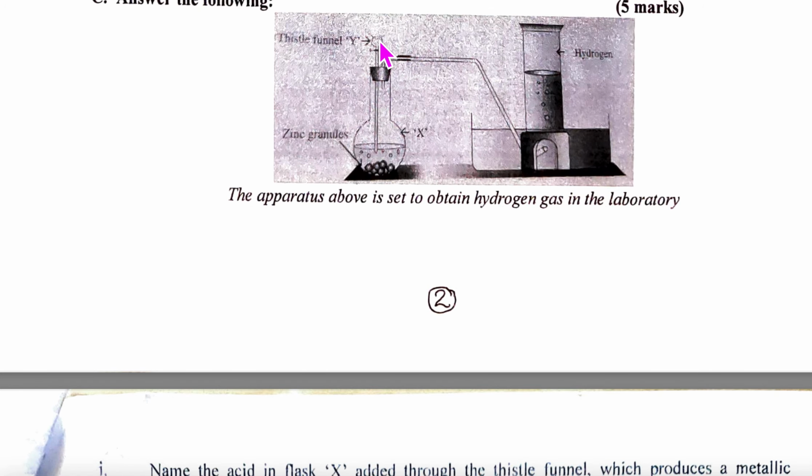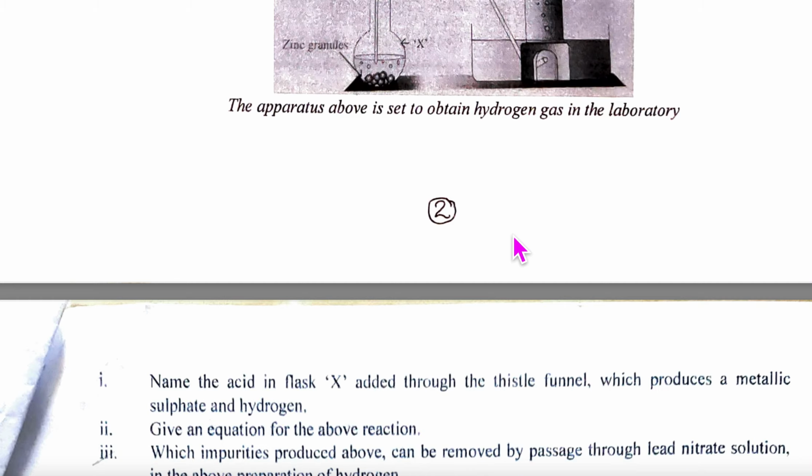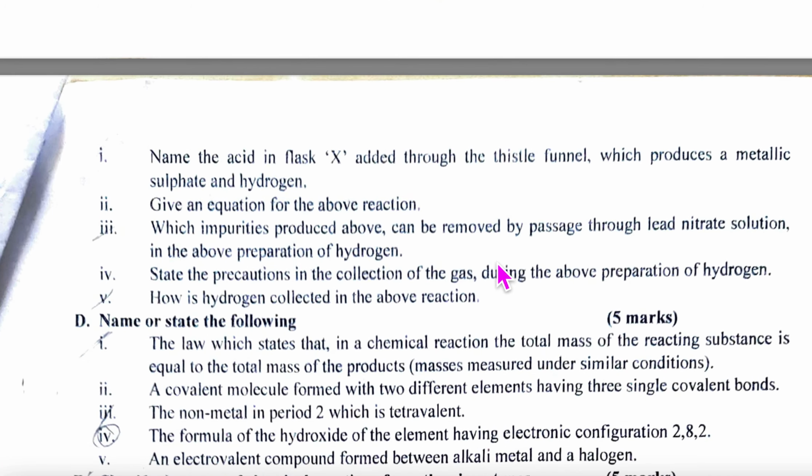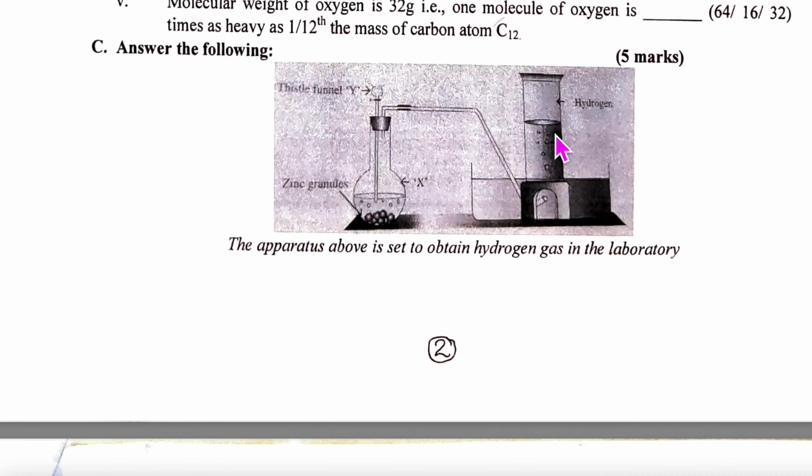You pour sufficient acid so that the lower end is below the acid, so that the gas will go only through this, it will not come out through the thistle funnel. Understood?